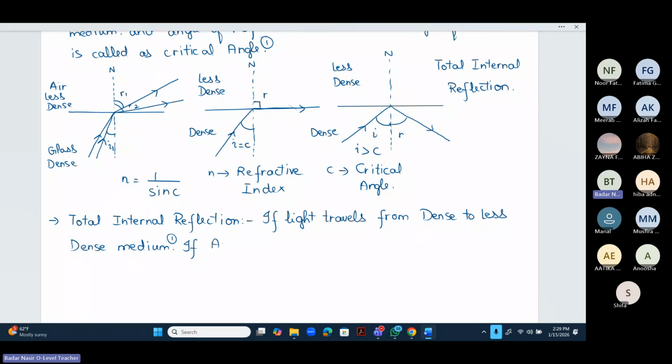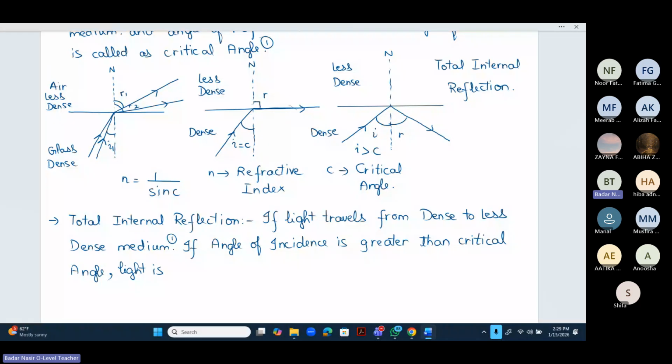So if angle of incidence is greater than critical angle, light is reflected back into the same medium.